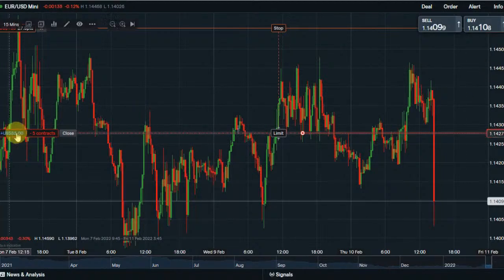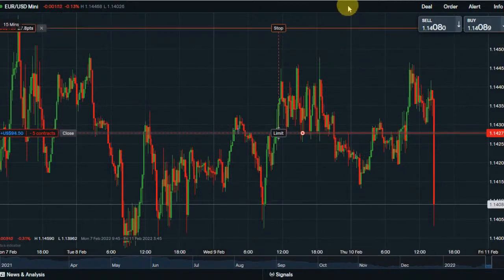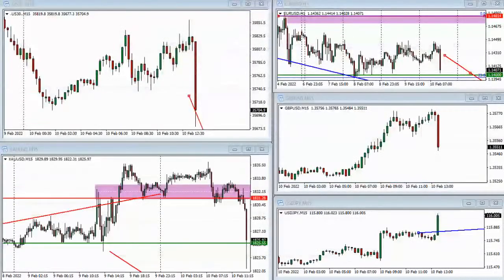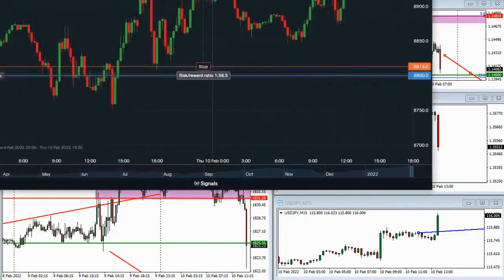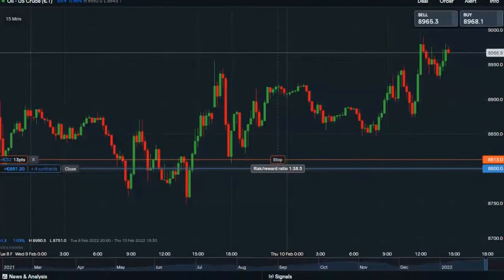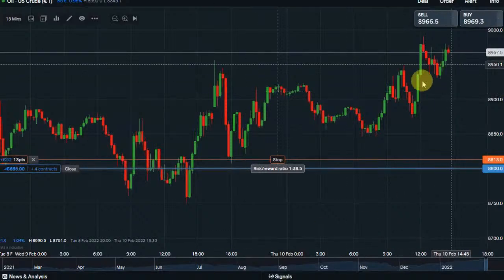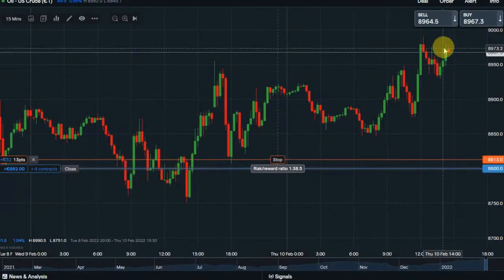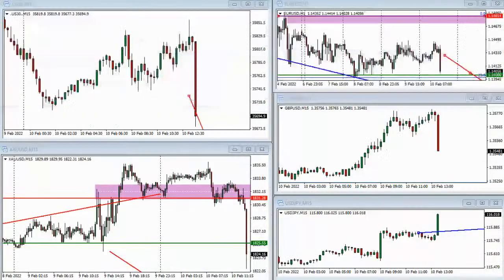So this is my euro dollar. Euro dollar is pushing through. Really happy with that. And also I was looking at US crude oil, and US crude oil is still in the money. Happy with that. Both trades on, really happy with that.